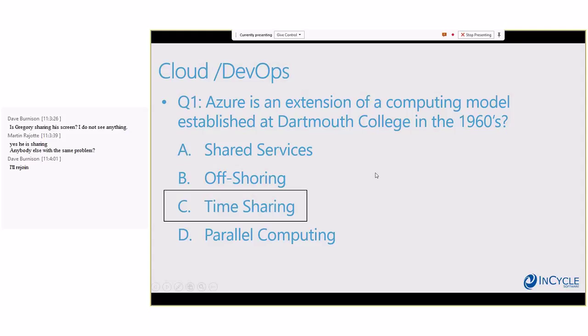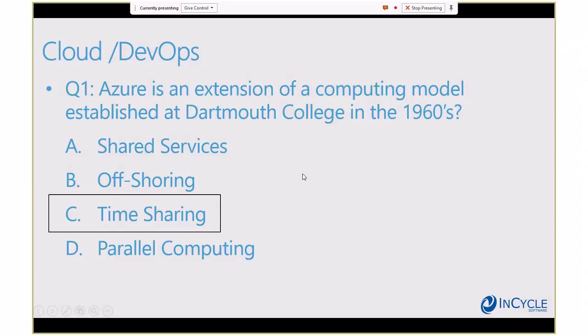So time sharing has been around since the 60s, and basically technology has allowed us to recreate that centralized distribution model and really make it work. It's actually kind of an amazing thing what Microsoft's been able to accomplish with Azure, and I think we're likely to see some more amazing things as we move forward in the future.